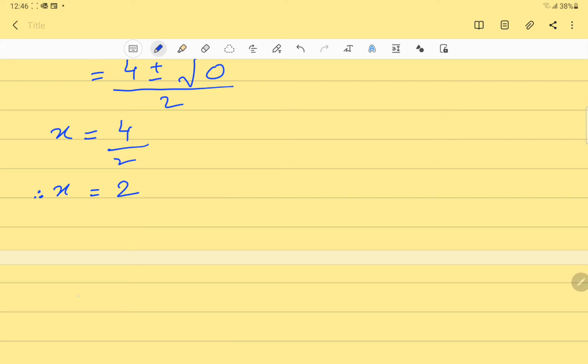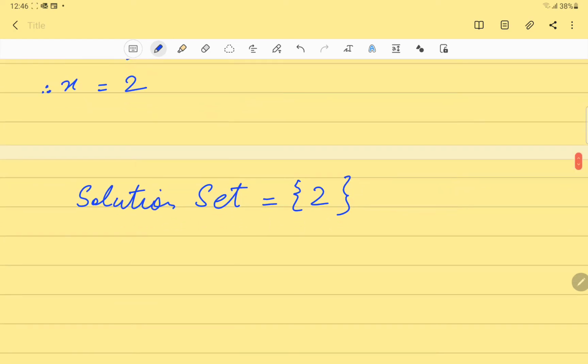So our solution set in this case is 2. Let's verify this just to be on the safe side, just to be sure.